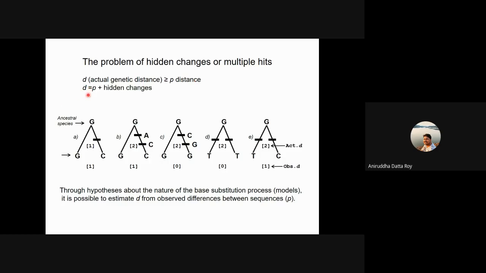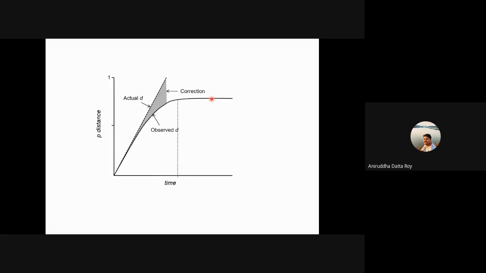So the actual genetic distance, which is d, is your p plus the hidden changes, right? And what we do using these models, these DNA substitution models, is that we try and estimate the actual genetic distance based on the data set that you have, right? Okay, so this is what is really happening.